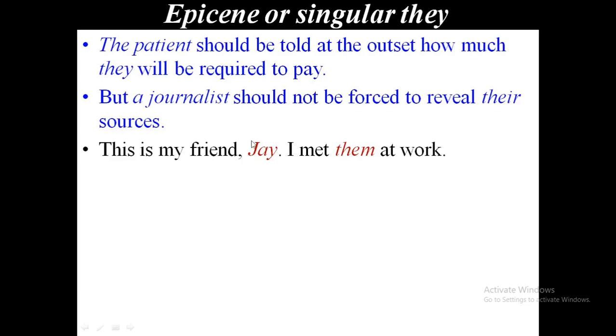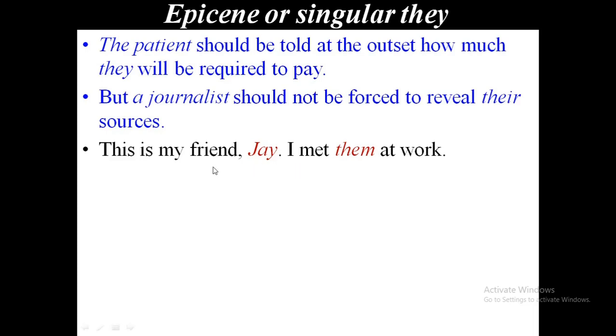Jay is not a particular person who seems like a man or a woman, but has the qualities or features of both man and woman. So that person can be called third gender.